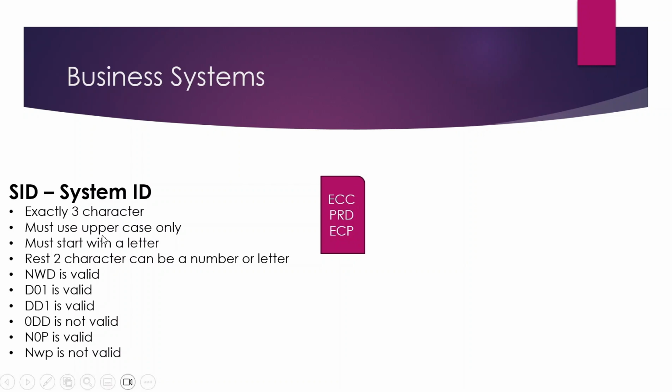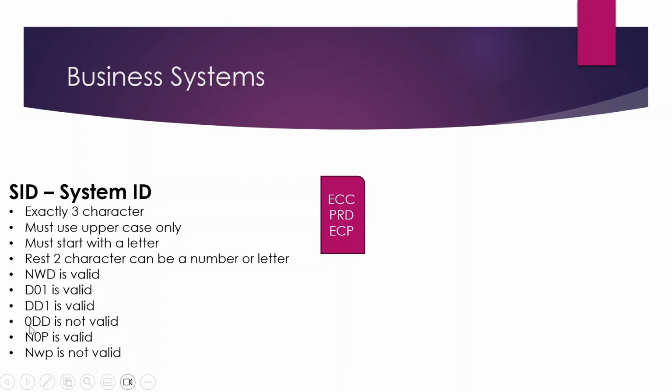But there are some rules. It must be three characters. It cannot be less or more than three characters. Use uppercase only. It must start with a letter. So you can have NWD, ECP, fine, because they start with a letter, but it cannot start with a number.